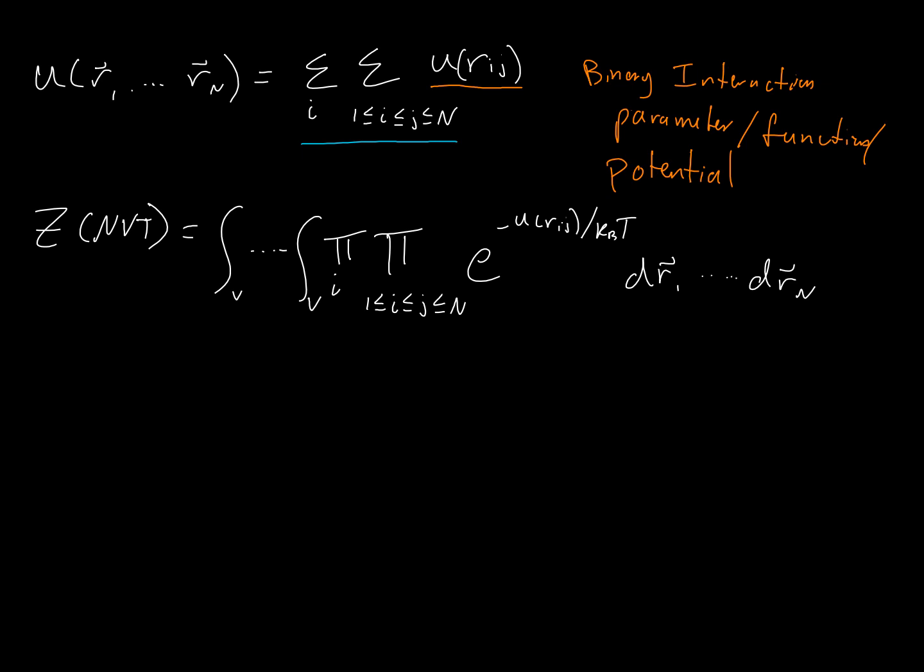The only difference here is that we have the product sum of all of the binary interactions, but it actually works out pretty well, because then when you take the logarithm of it, they all add up. But same idea. We're still integrating over all the possible configurations of the system, but in this case, now our function is much more simplified. Right? Our internal energy of the configuration is not related to all the particles added up, but just to the individual pairs of interactions. And so what we're doing is we're summing up all of the individual pairs of interactions.